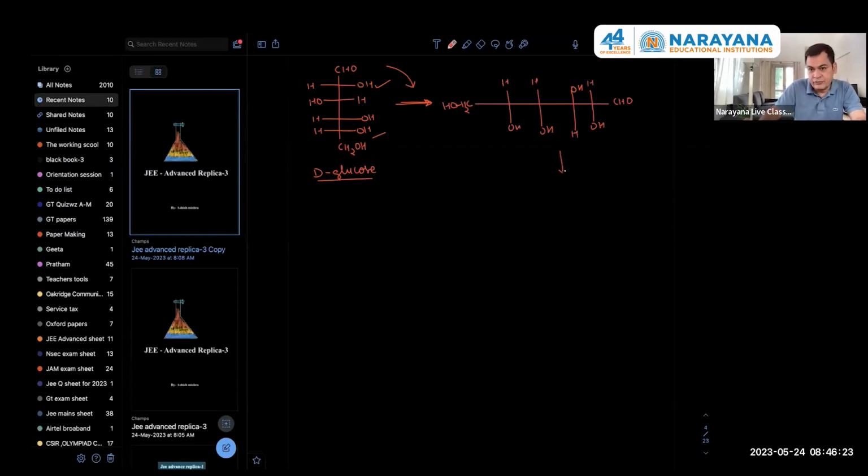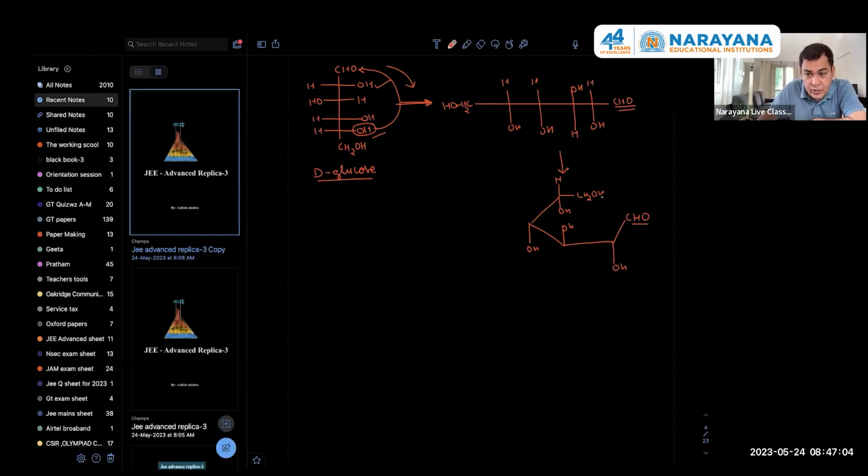Now write this compound in this manner, so that we can create the ring. So this is CHO as it is, this OH as it is, that OH as it is, and here CH2OH, and here we have H. Now we know that this OH attacks the aldehyde, and only then do we get this cyclization, right?